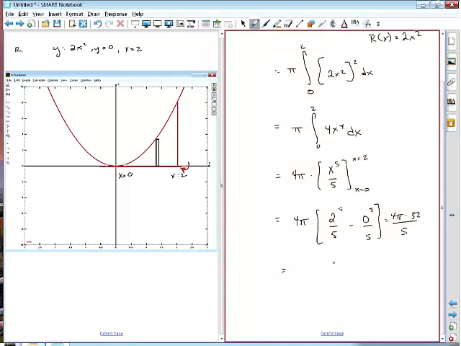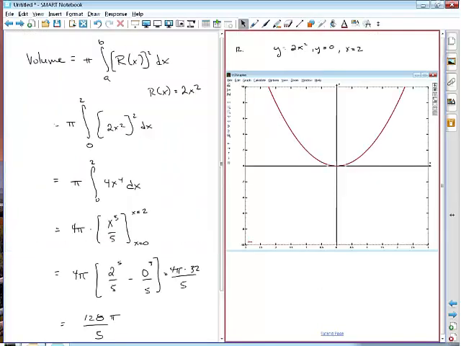And 4 times 32 is 128. So we'll have 128 pi divided by 5. And that's the correct answer. So that's part B.